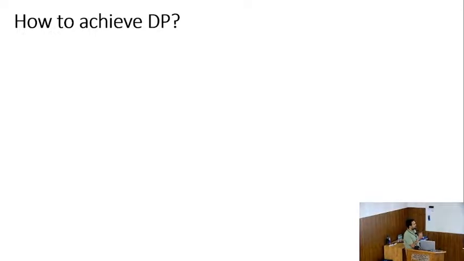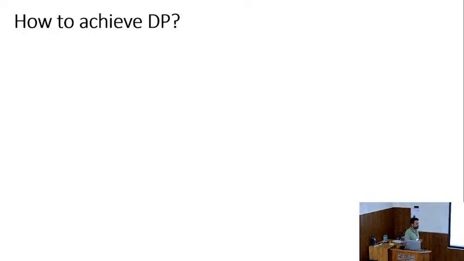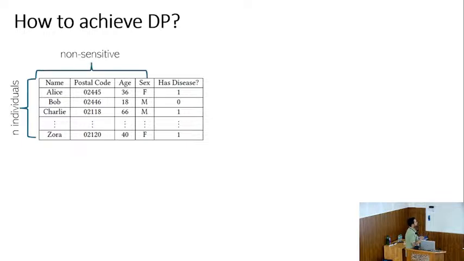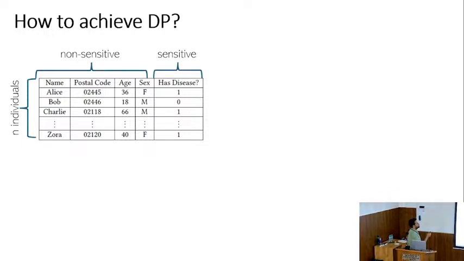Now, how can we design such an algorithm which achieves differential privacy? So this is our favorite dataset. We have n individuals, Alice to Zora, and we have their attributes. There are some non-sensitive attributes like name, postal code, age, and sex, and there is a sensitive attribute which tells whether the person has a disease or not.